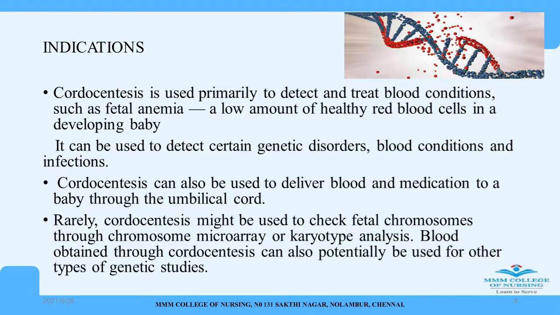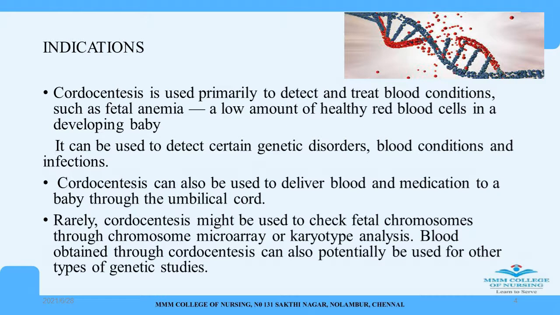Cordocentesis can also be used to deliver blood and medications to the baby through the umbilical cord. It might be used to check fetal chromosomes through chromosome microarray or karyotype analysis.